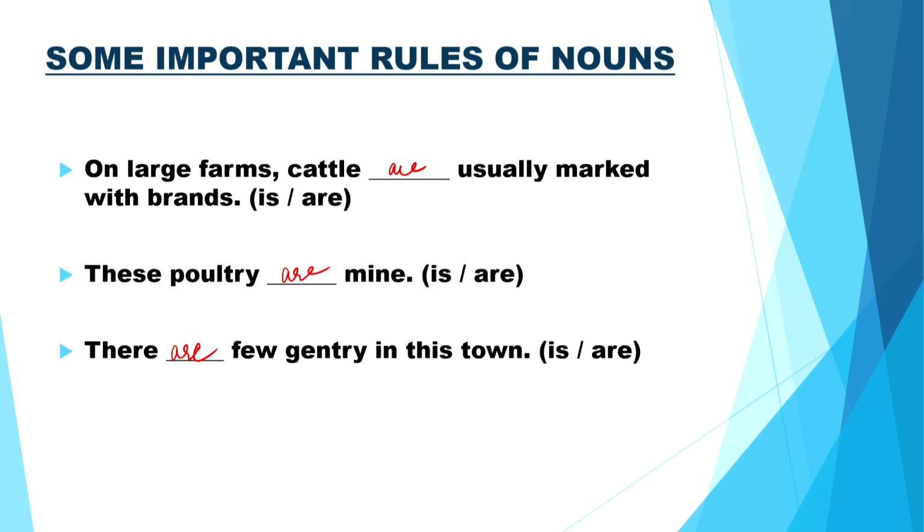First rule: certain collective nouns, though singular in form, that is, they look or appear singular, are used as plural, like cattle, people, poultry, crowd, folk, police, infantry, children, cavalry, etc.